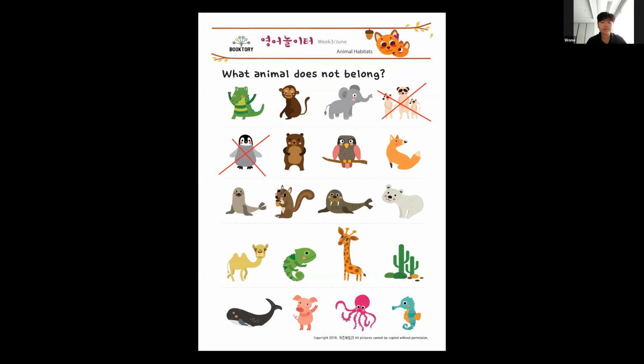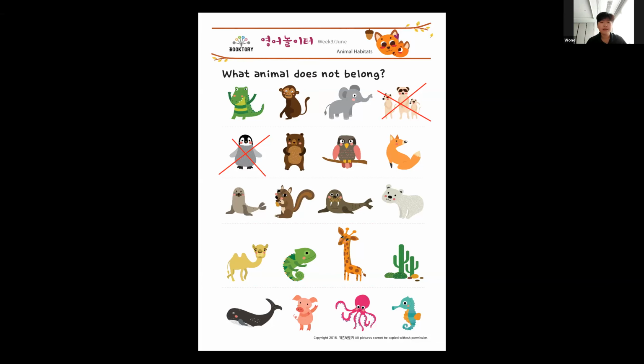What's the first one? What's the first animal? This is called a seal. Do you know what the next one is? Squirrel. Do you know what the next one is? Walrus. The next one? Polar bear, right?